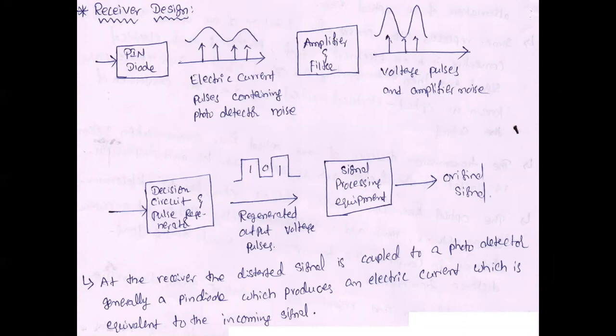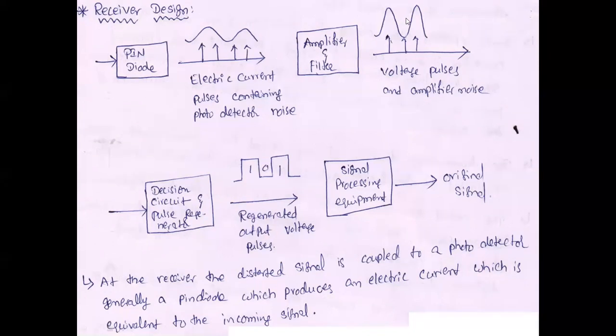The amplifier increases the strength of the signal, and the filter is used to remove the noise. That's why the output of this amplifier and filter circuit is voltage pulses with amplifier noise; some very little noise is present.